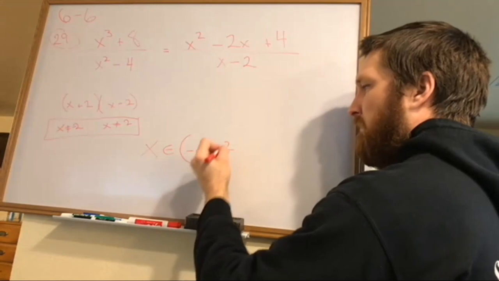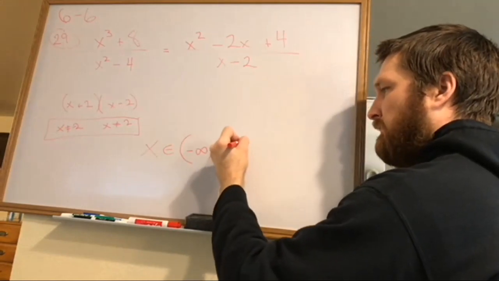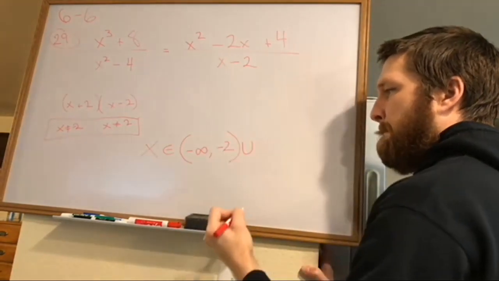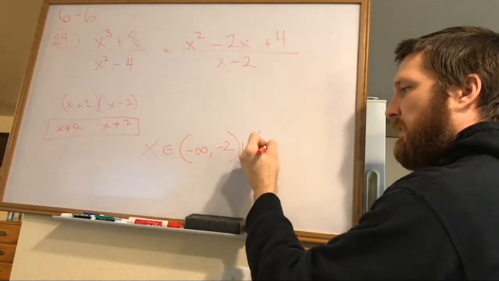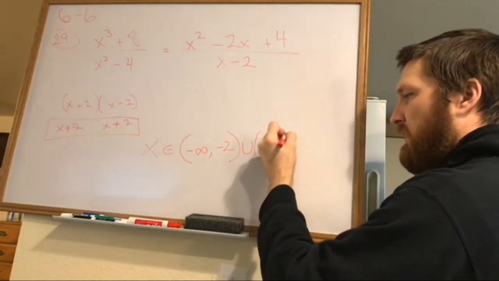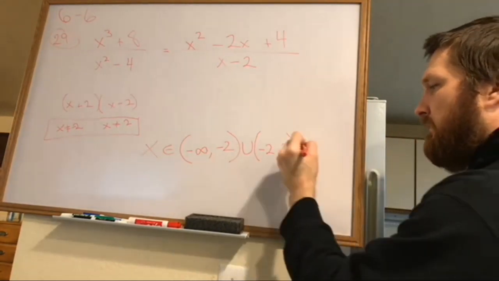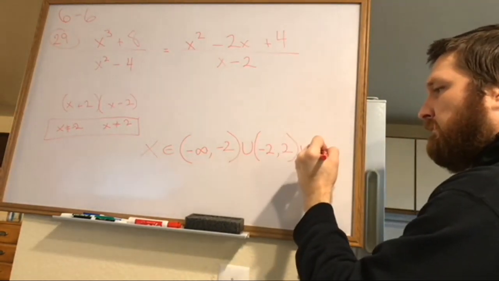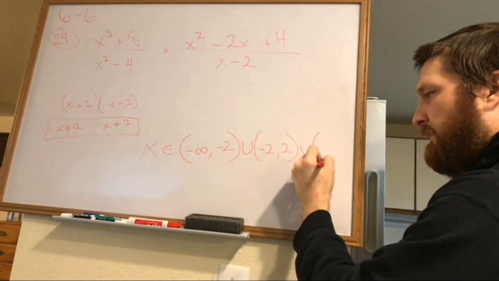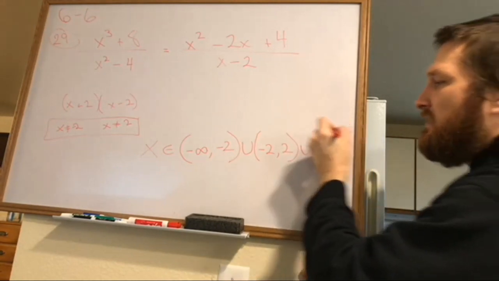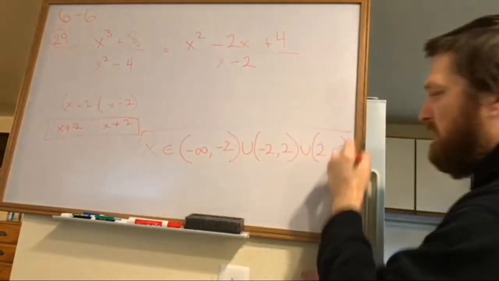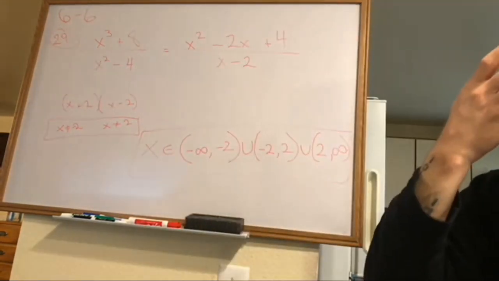Soft bracket. Union. Soft bracket, -2 to 2. Soft bracket. Union. And then soft bracket to infinity. So that is the solution set to that equation right there.